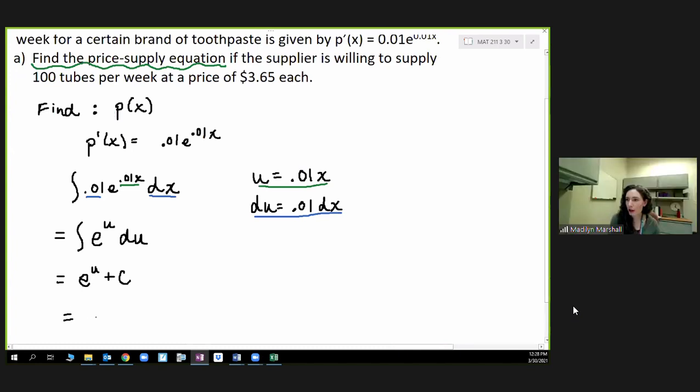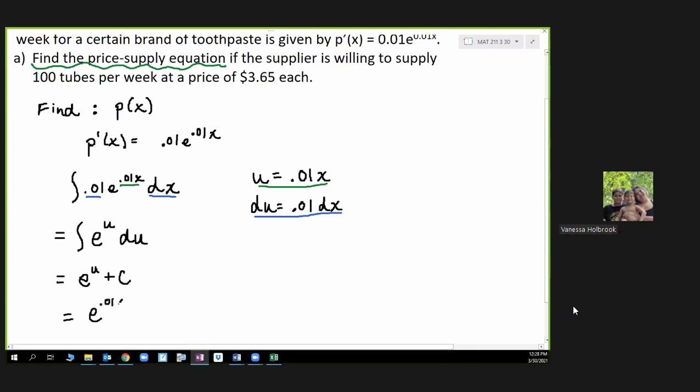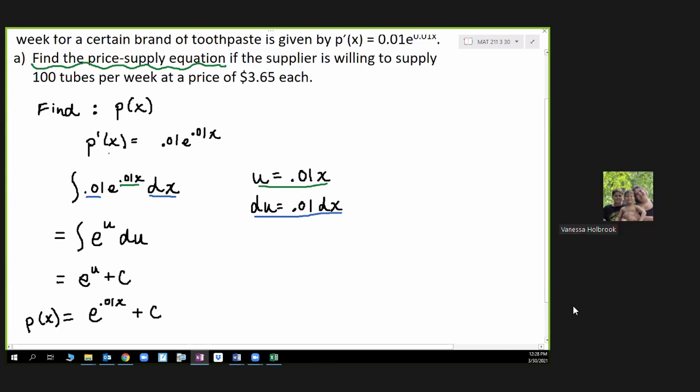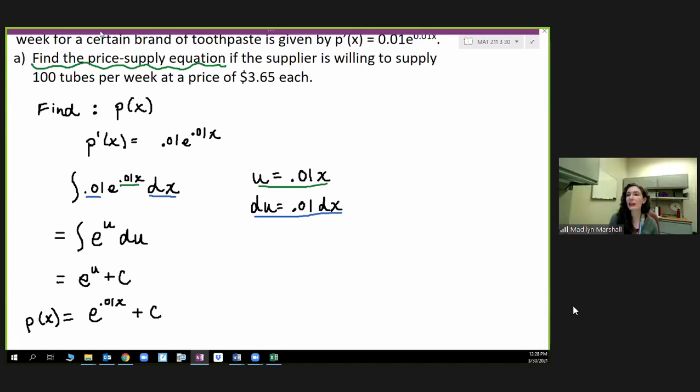So if we put our u back into that function, we now have e to the 0.01x plus c. And that is almost our price equation. So when we do the integral of p prime, we do get p. However, there's still a little bit of uncertainty around this c.